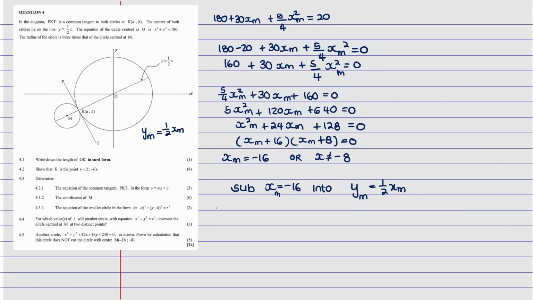So ym is 1 over 2 times negative 16, which gives us negative 8. So ym equals negative 8. So now, meaning my point m is equal to negative 16, negative 8. So that's how you would find the coordinate of m.